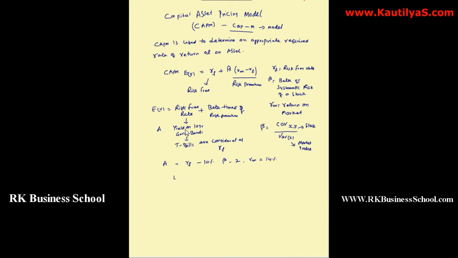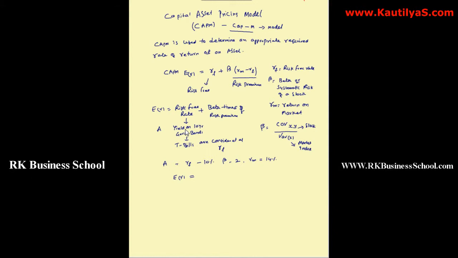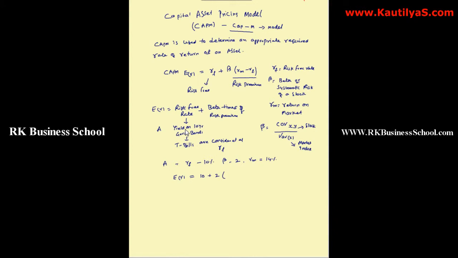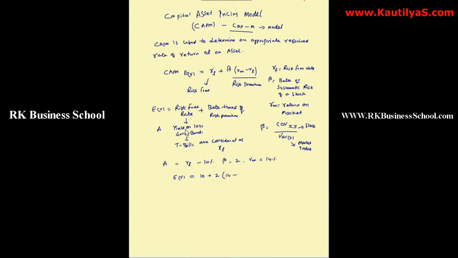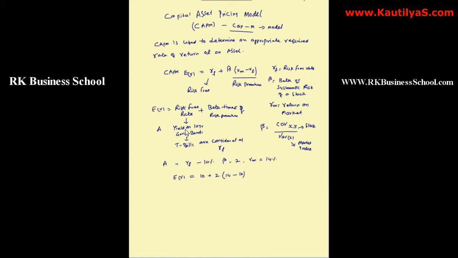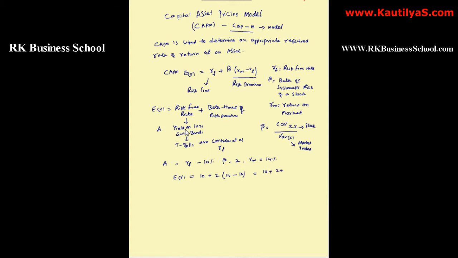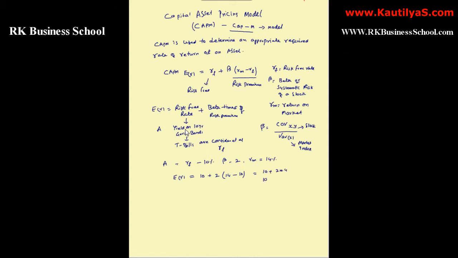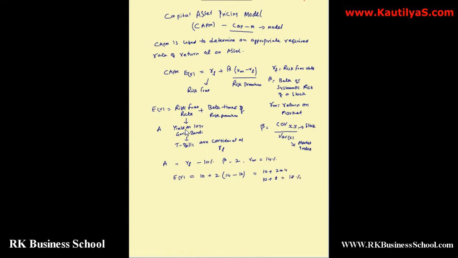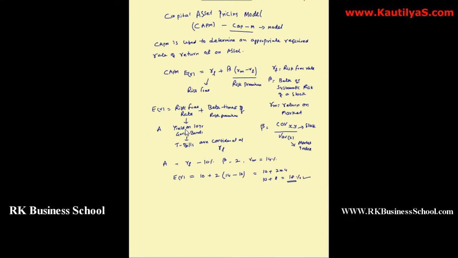So our expected return equals risk-free rate 10% plus beta 2 times (return on market 14 minus risk-free rate 10), which is 4. So this equals 10 plus 2 into 4, so 10 plus 8 equals 18%. So your required rate of return is 18%.